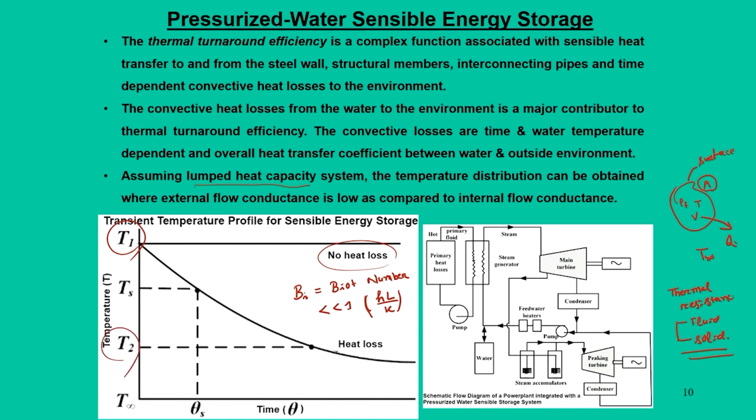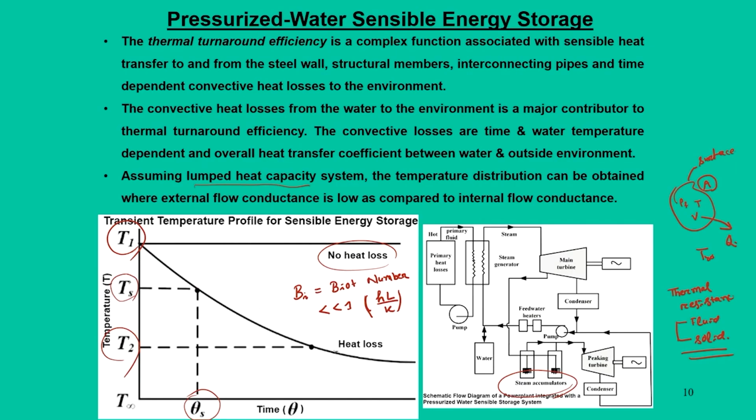What we require is that the steam accumulator should store the steam for a certain time. So, we introduce one more parameter called the storage time theta s, and correspondingly the temperature Ts.